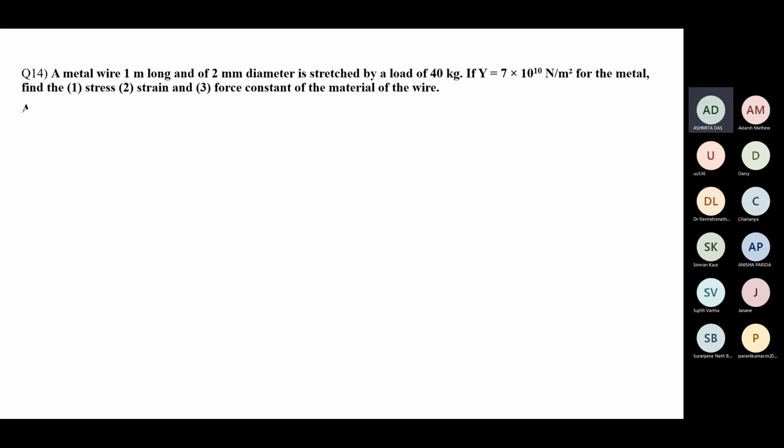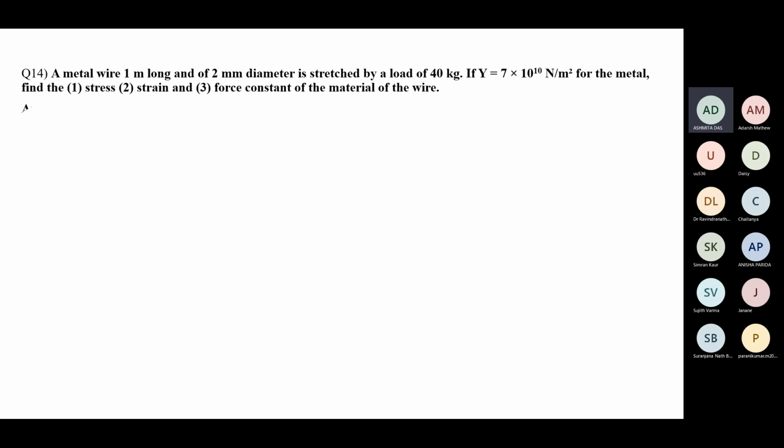So stress is equal to F by A, that is equal to 40 into 9.8 divided by pi r square. Pi is 3, and r is 10 to the power minus 3, so 10 to the power minus 3 whole square. So the value comes as 1.25 into 10 to the power 8 Newton per meter square.